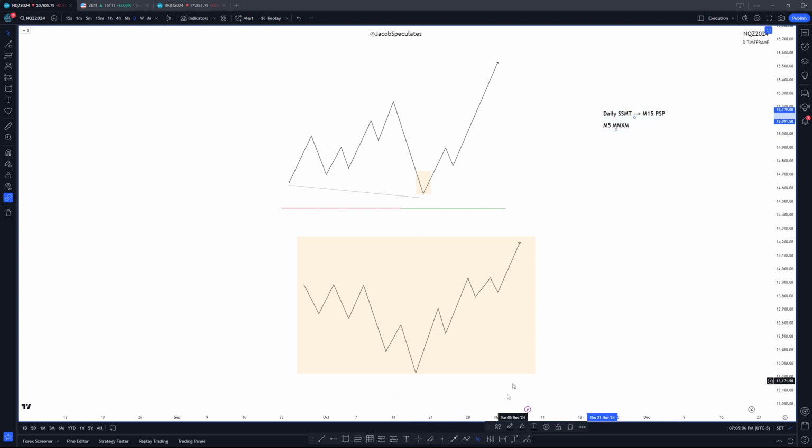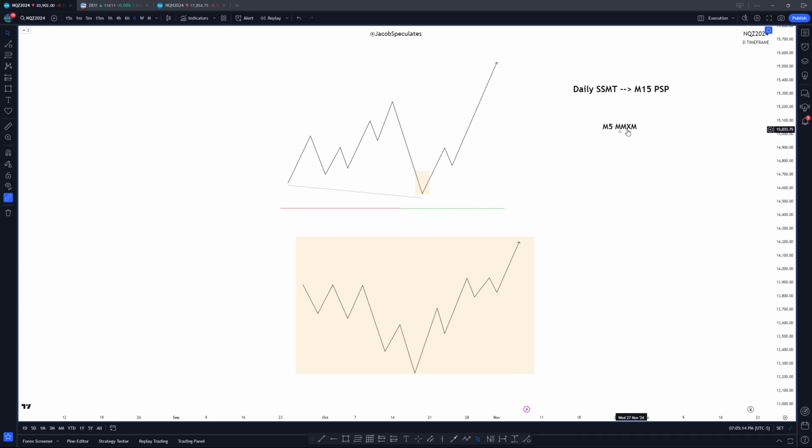So this is an example right here. And I want you guys to, after this is over, go into your charts and just backtest this. Just see if you can find it. Just think about it.